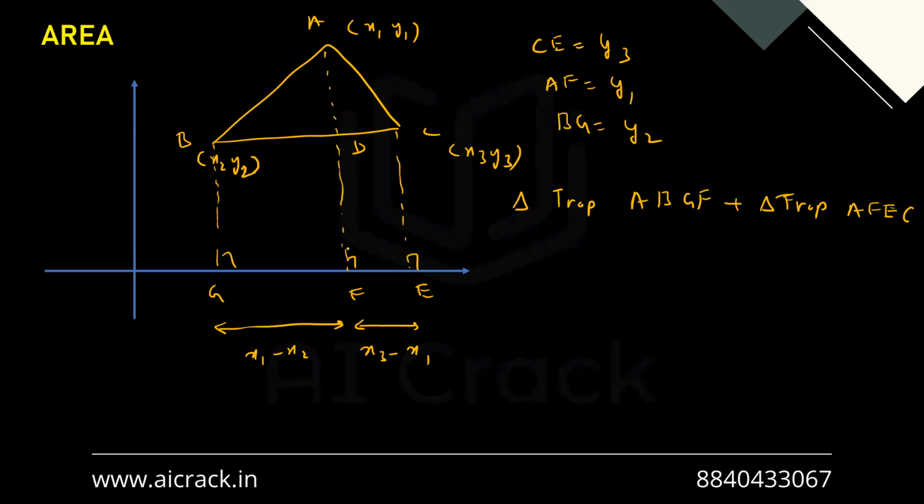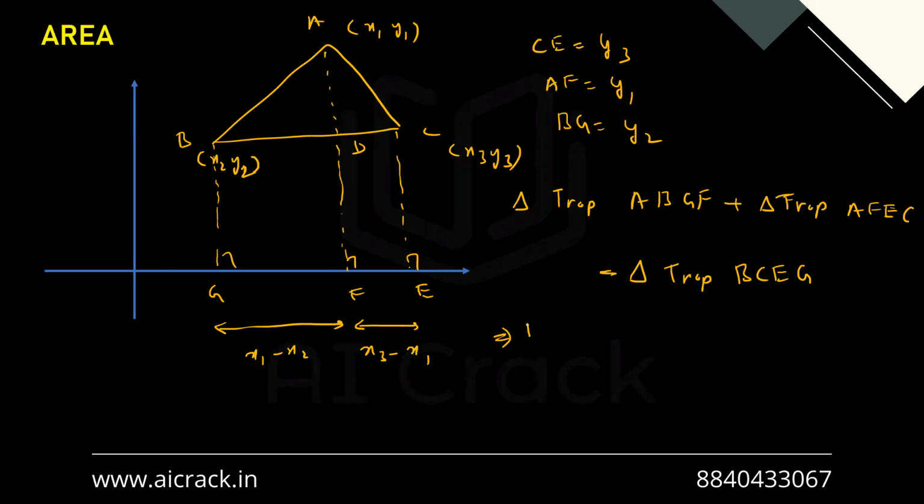This is the entire area. And if I want to calculate the area of ABC, then I'll subtract the trapezium, this one, that would be trapezium BCEG, BCEG, right?